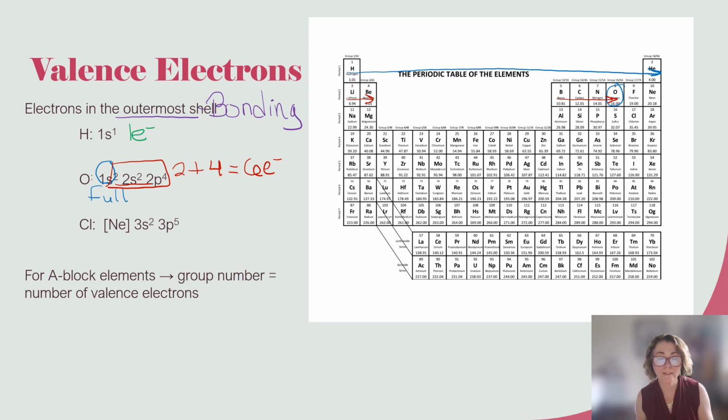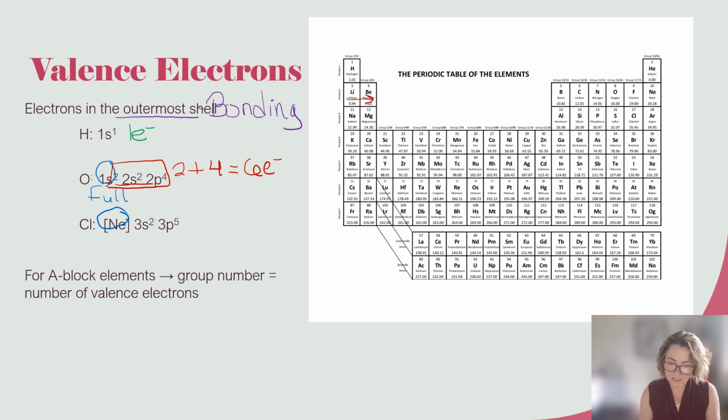All right, chlorine is next. And anytime we're really nice to you and we give you a noble gas configuration or a shorthand configuration, essentially what we're doing here is we are telling you that those electrons that are represented up to neon are full.